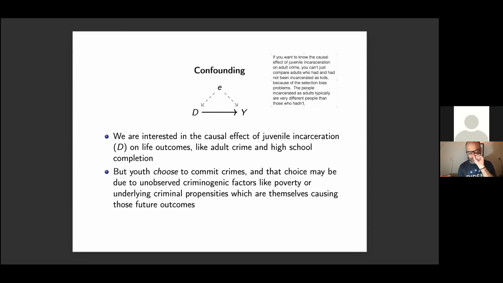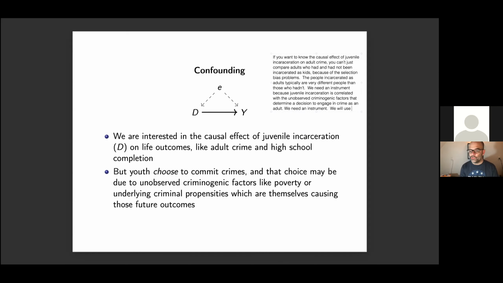Okay, so we need an instrument because juvenile incarceration is correlated with the unobserved criminogenic factors that determine a decision to engage in crime as an adult, right? So we need an instrument.